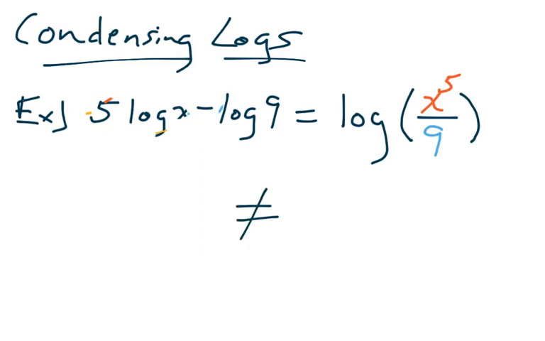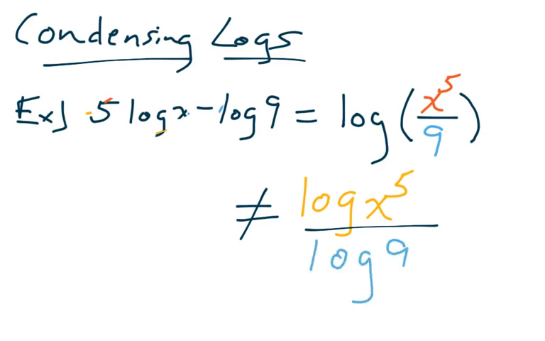Now, a common mistake is for kids to see this subtraction sign and say, hey, I know subtraction is going to be a fraction, and then go to the business of writing out a division of 2 logs. I want you to see that this would not be the same as our correct answer.